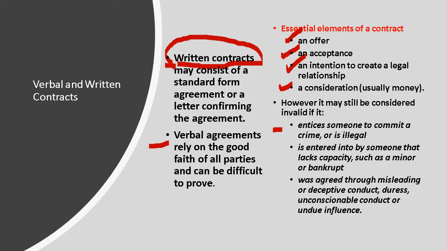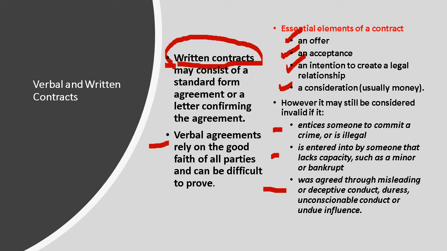It is also invalid if it is entered into by someone that lacks capacity, such as a minor or a business that is already in bankruptcy. It is also considered an invalid contract if it was agreed through misleading or deceptive conduct, duress, unconscionable conduct, or undue influence. So these are factors or attributes that may invalidate a contract.